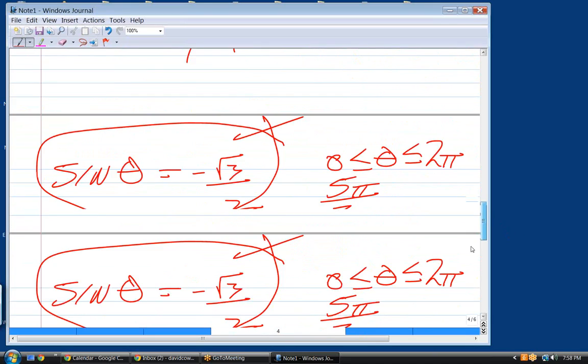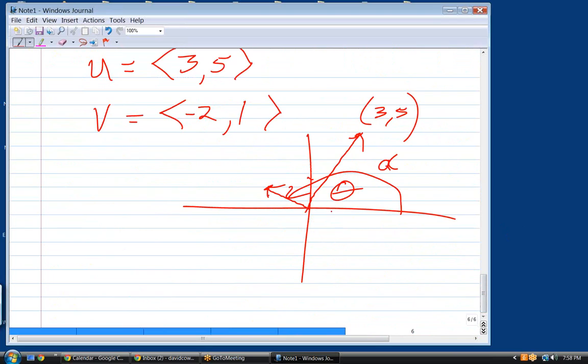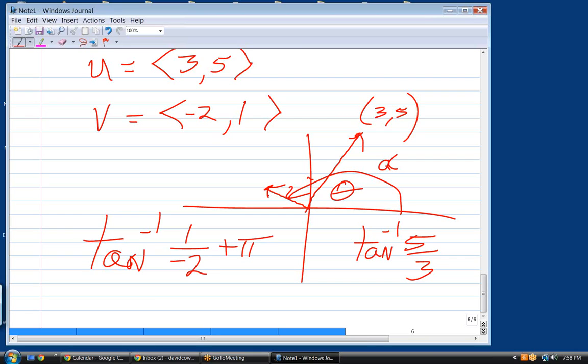Figuring out that theta and that alpha is relatively simple. This theta here is the inverse tangent of 5 over 3. This alpha is the inverse tangent of 1 over negative 2 plus pi.